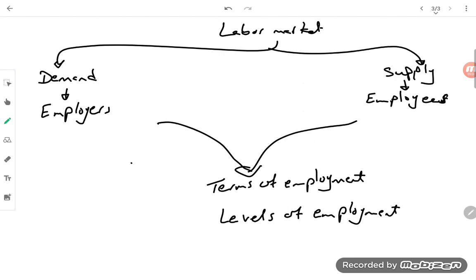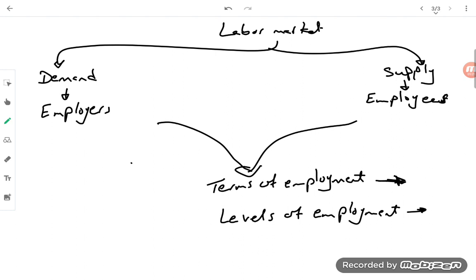Just like the market for goods and services, the interaction of demand and supply results in determination of the equilibrium price and the equilibrium quantity. This is going to be the same. Instead of the equilibrium price, we have to identify the equilibrium wage, and instead of the number of units, it is going to be the level of employment or number of workers employed.